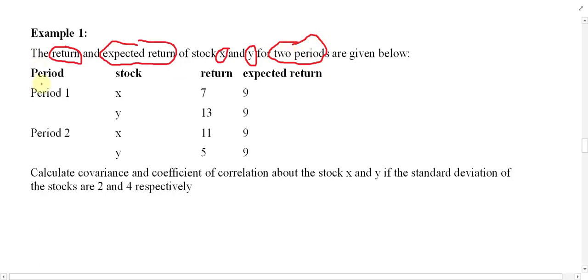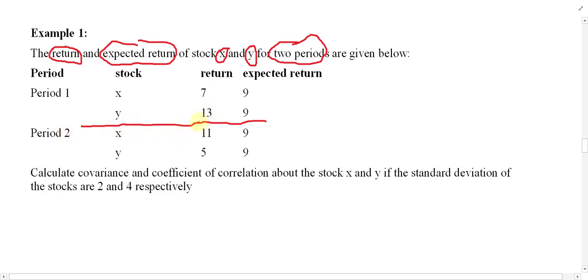Now, these are the information. Period 1 and period 2. Stock X for period 1, stock Y for period 1, stock X for period 2, and stock Y for period 2. So let us, for example, separate the period 1 from period 2. Return for period 1 for stock X is 7, for stock Y is 13.